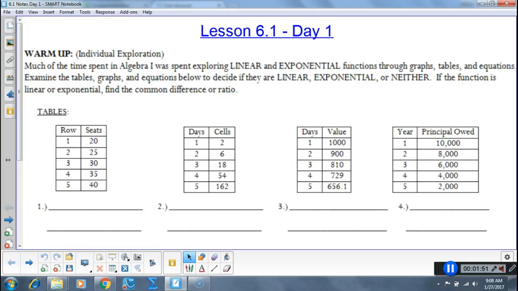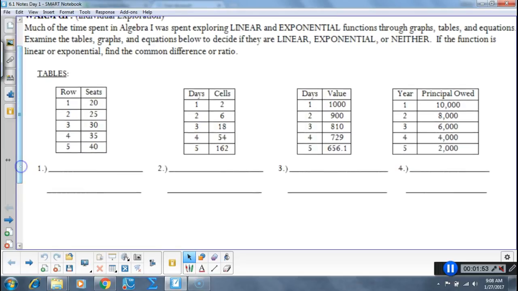So, first table, what are we thinking there in the first table? Linear or exponential? Linear. Why are we going with linear? Okay, linear, and so we're always adding what?